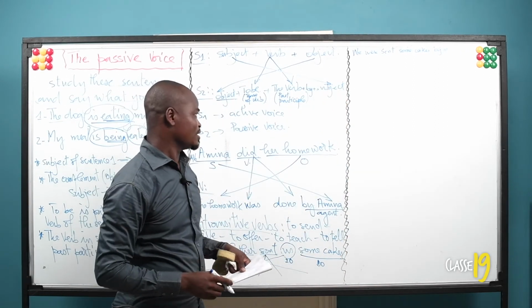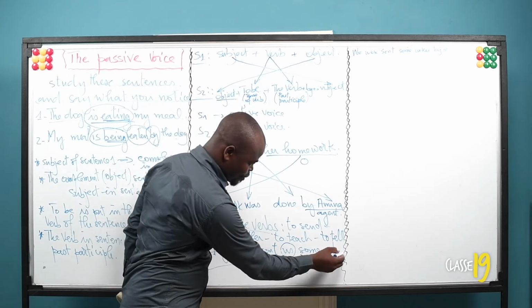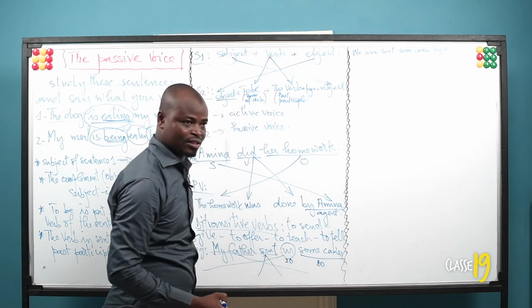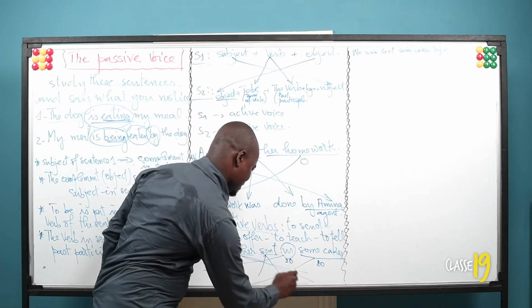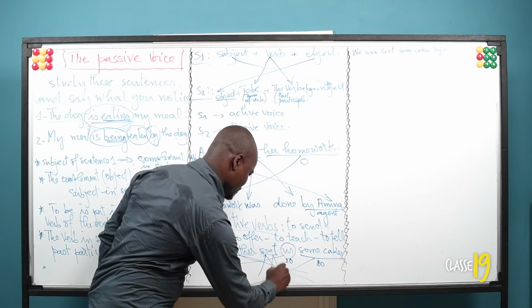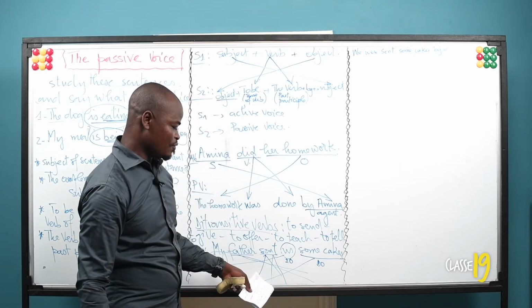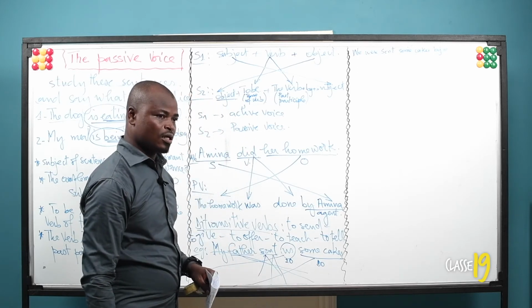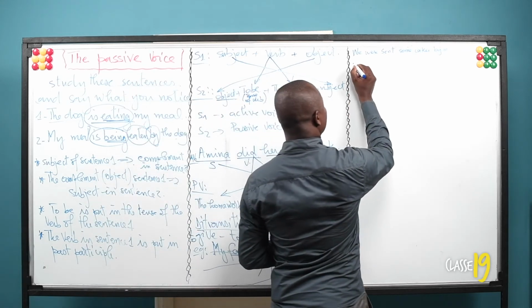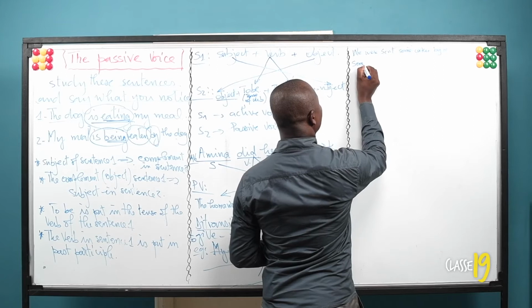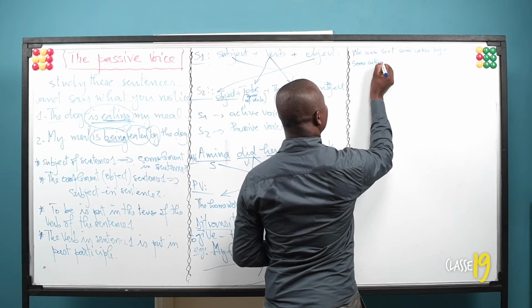The second one is with a direct object. So we have this: the verb to be in the tense of the verb and the verb in past participle. So we have some cakes.